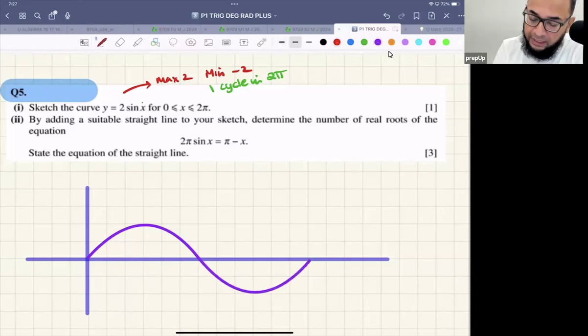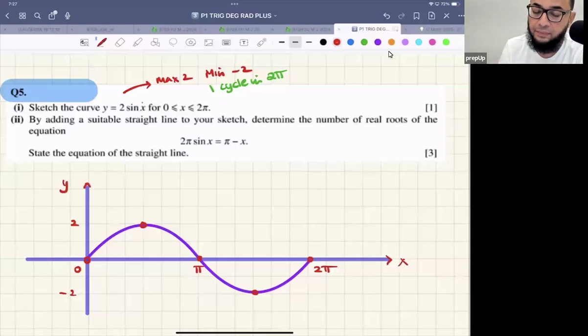Let me label it. This is 0, this is 90, this is 180, and this is 270, and so on. So this is 2 pi, this is pi, this is 0, the maximum value is 2, the minimum value is negative 2, and these are the 5 major points. That's the x-axis, that's the y-axis.